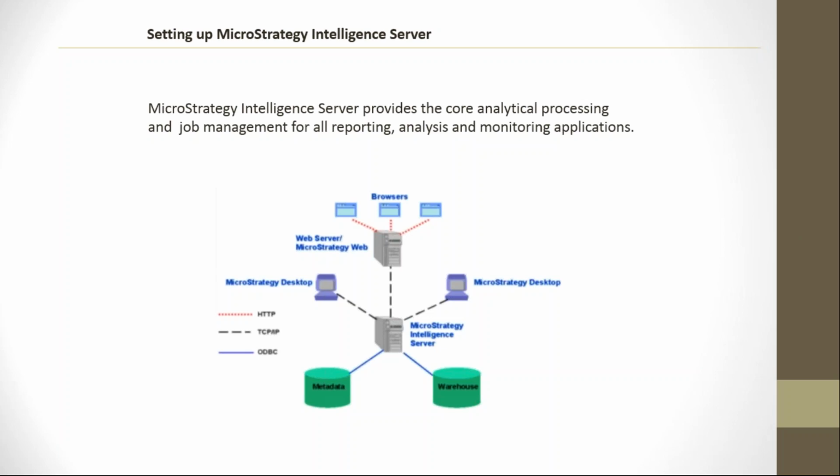So when user logins to MicroStrategy access point through your user ID and password, they will be able to see the dashboard in the browser. So in that case, they need not to have the MicroStrategy desktop installed in their laptops, so they can see your dashboard through browser based. I hope it makes sense. Yes.